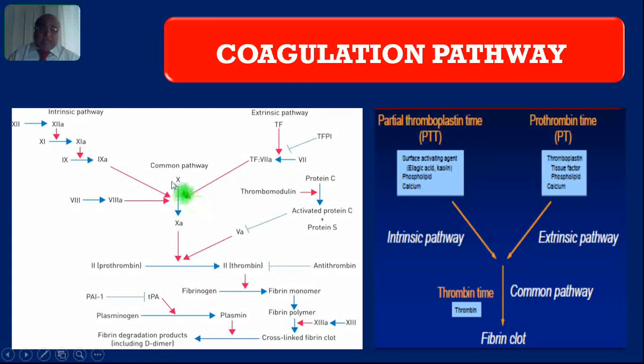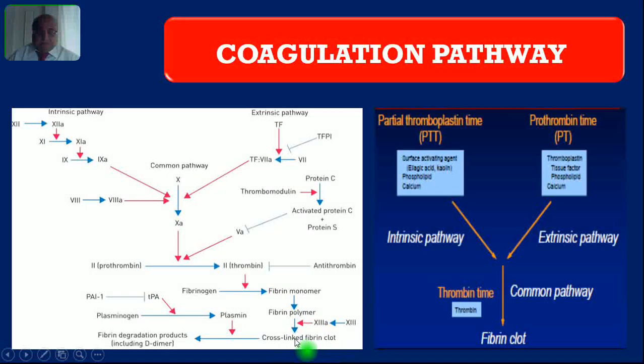That will activate factor 10 to activated factor 10. This activated factor 10 will convert the prothrombin into thrombin. This thrombin will act on the fibrinogen and convert it into fibrin monomer. Then this monomer will become a fibrin polymer, which will be acted on by factor 13, and then only a stable clot will form.